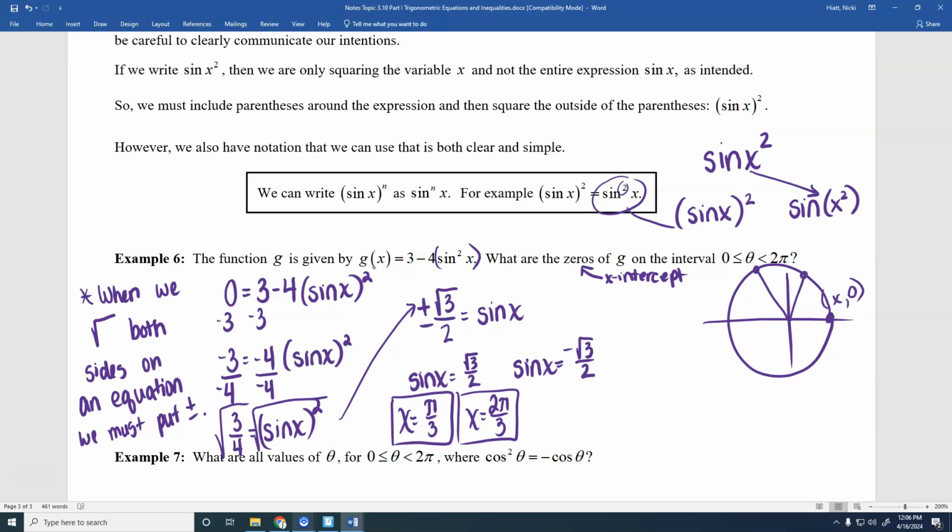What about negative square root of 3 over 2? 4 pi over 3 and 5 pi over 3. And those values are just coming from our unit circle.